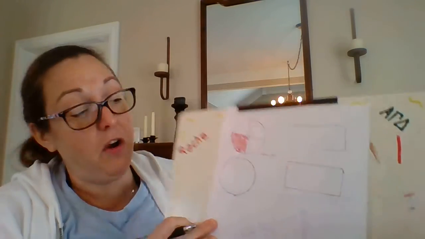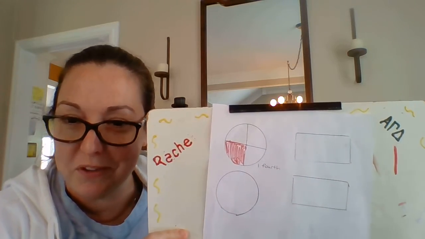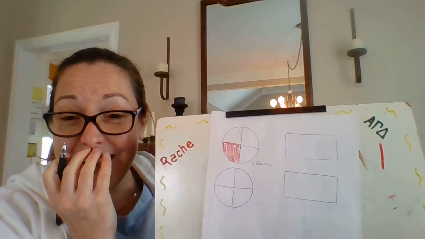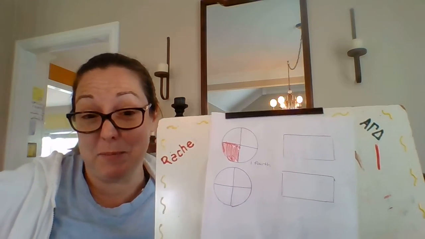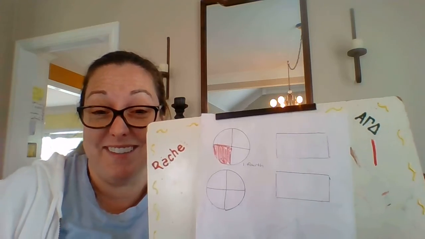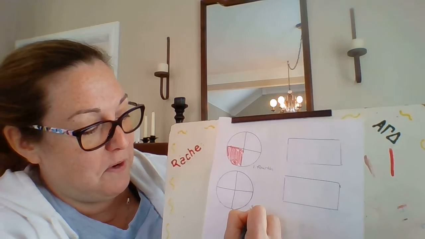Now, over here on this circle, I'm also going to partition it into fourths, but I'm going to eat more than 1/4. Okay, I was really hungry this day, and I ate a lot of this pizza. So I ate 3/4 of the pizza. So I'm going to write here that I had 3/4.